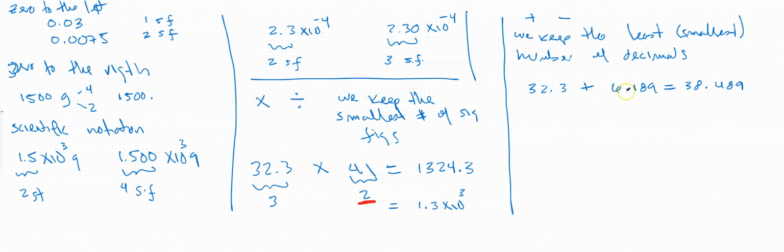But again, we now have to take a look at the number of decimals. This one has 1. This one has 3. So we have to keep only 1. So the right answer will be 38.4.